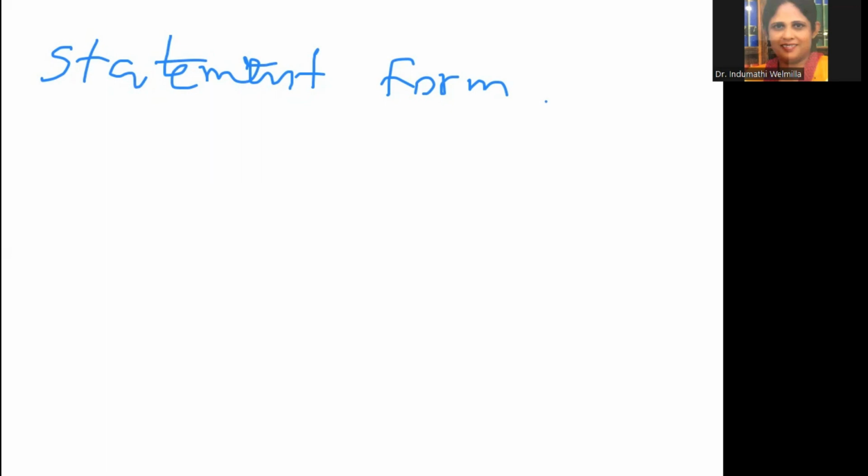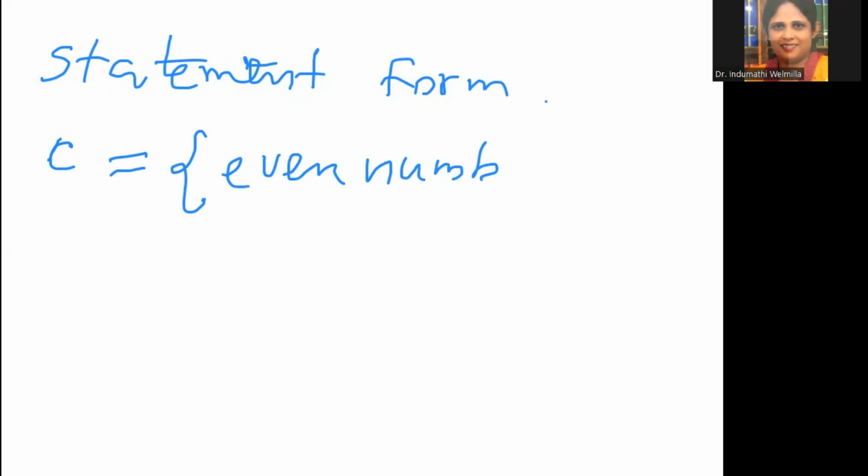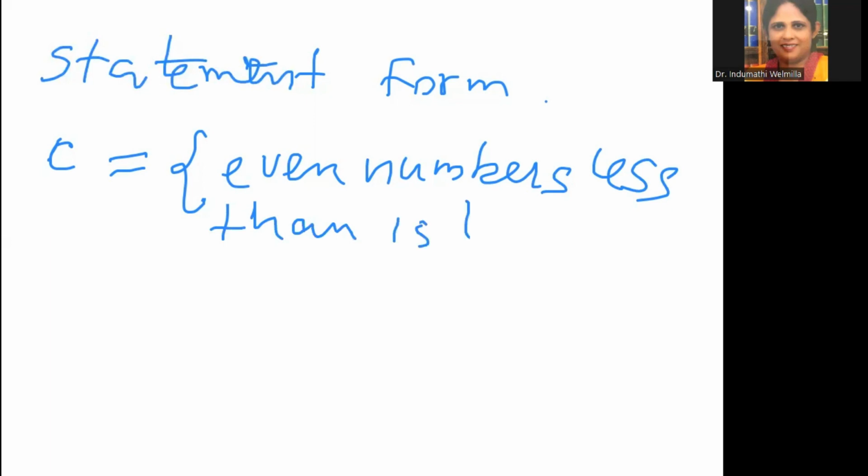For example, the set of even numbers less than 15 can be written in statement form as C equals {even numbers less than 15}. So that is the example for statement form.